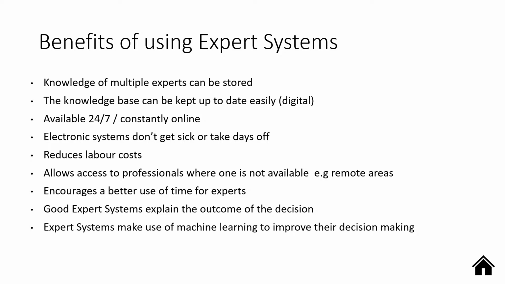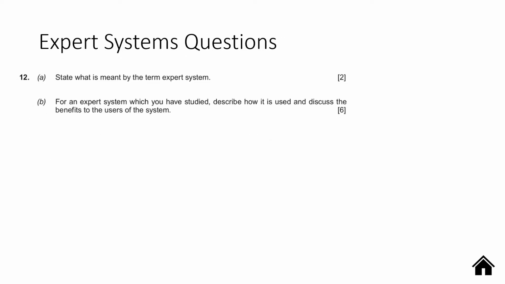So it might be dead straightforward to answer a question then like this. State what is meant by the term expert system. It's only worth 2 marks. So I would simply go in there and go, well, what does it have? An expert system has a knowledge base, which is populated by experts from all over the place. It also has an inference engine which makes decisions based on a degree of confidence. Inference engine.